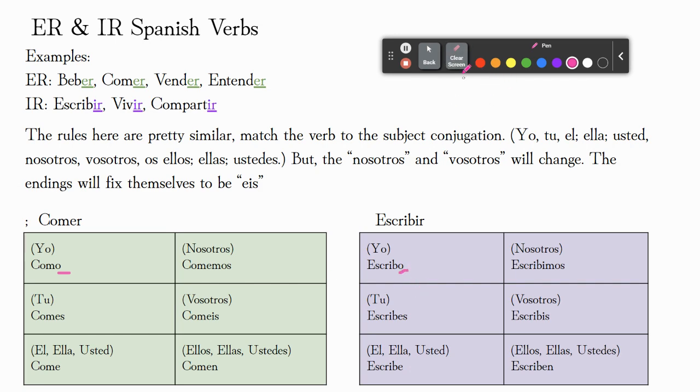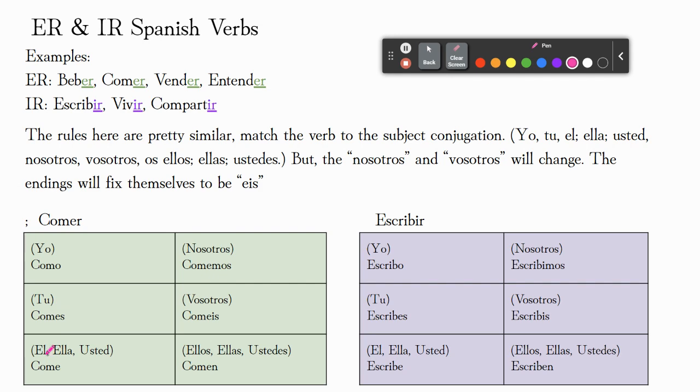It's the same thing. And for the tú form, it ends in ES. So comer is comes, escribir is escribes. Same pattern. Bebes, vendes, entiendes, escribes, vives, y compartes.